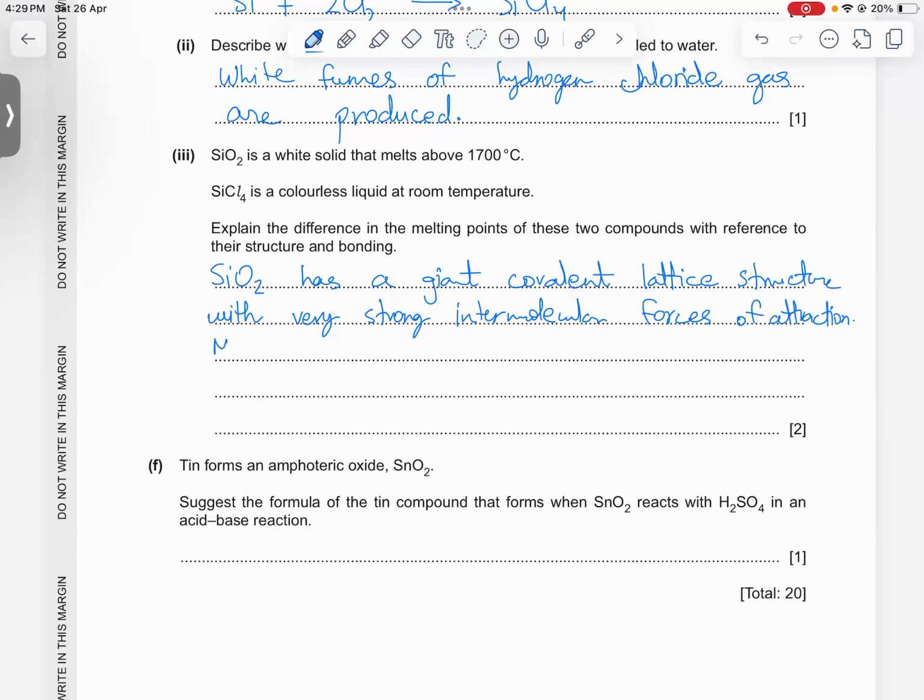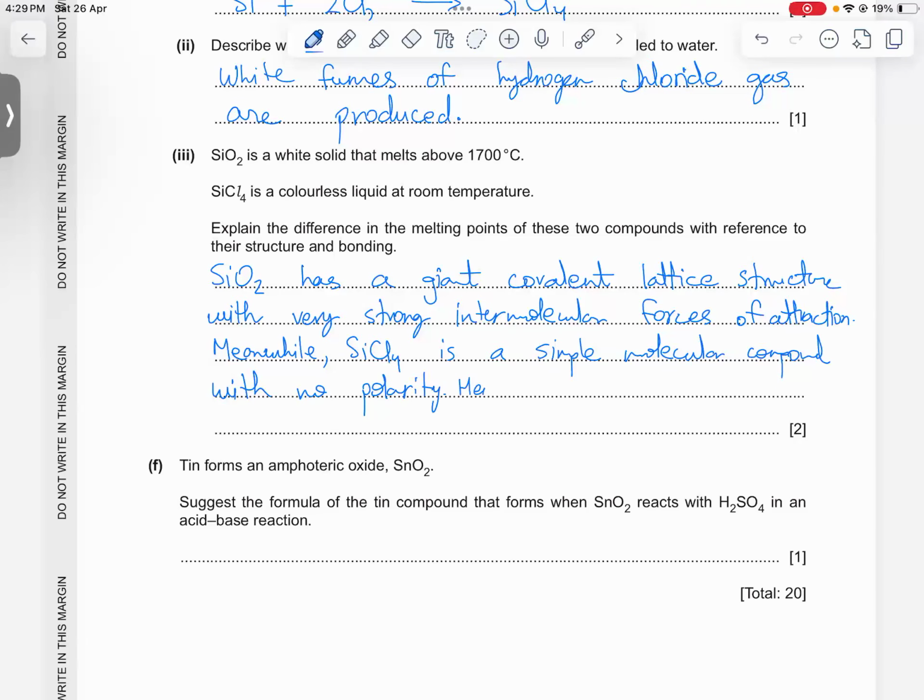Full stop. Meanwhile, SiCl4 is a simple molecular compound with no polarity. Write this also, no polarity.